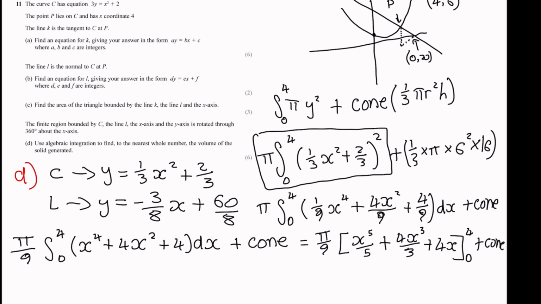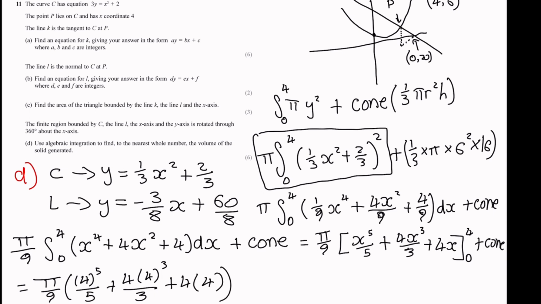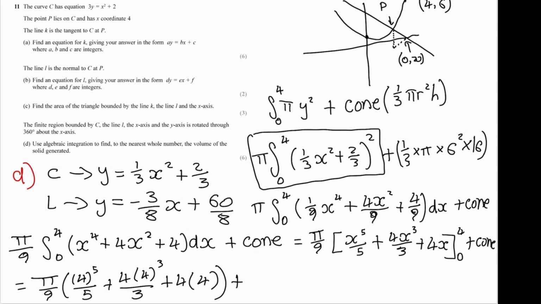We get pi over 9 multiplied by 4 to the power of 5 over 5 plus 4 times 4 cubed over 3 plus 4 lots of 4, close that bracket, plus the cone, which we've already figured out up here, is 1/3 times pi times 6 squared, which is 36, times 16.